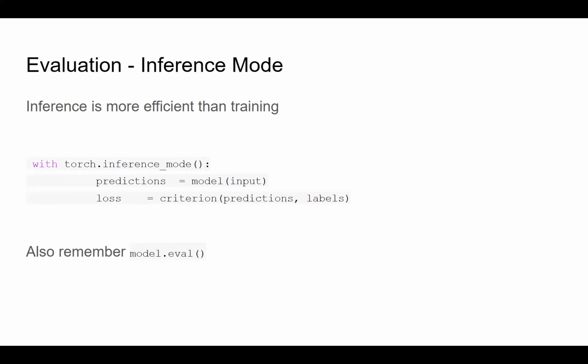You can also speed up your evaluation by using with torch.inference_mode. Essentially, this lets PyTorch know that you're not updating any weights, so you don't have to maintain a computation graph. This saves computation and memory, and speeds up your inference code. So when you're writing your eval function, make sure to do this to make your code faster. Call model.eval when you're doing eval, and model.train when you're doing train.